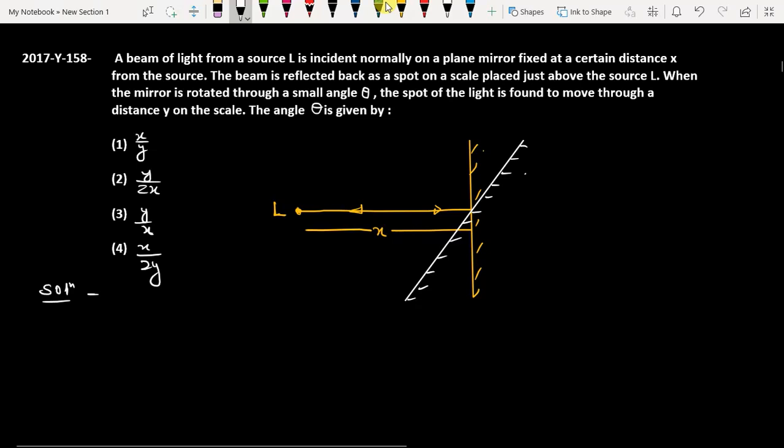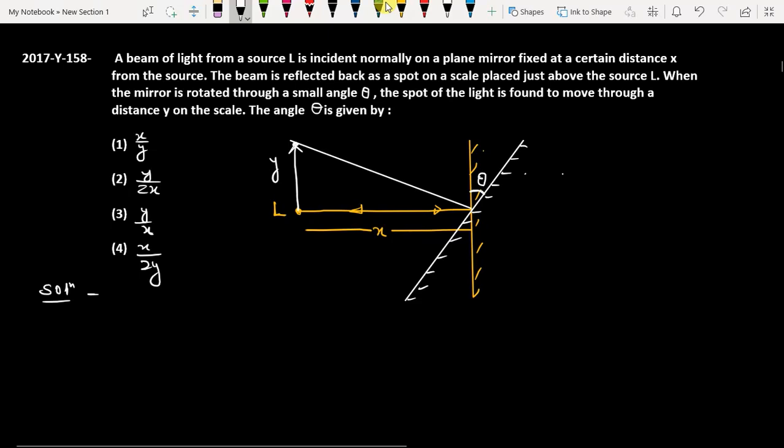Then this spot is going to shift at this place. And we have given this distance as y. This is the theta angle with which the mirror is rotated, and we have to find out what is the theta.